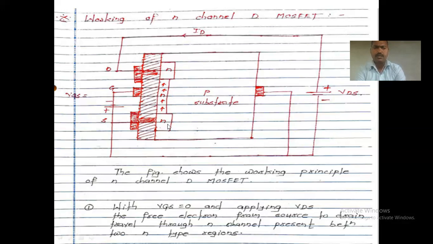That should be the only change with respect to D type MOSFET, but all other things are the same with respect to JFET. There are two types of MOSFET, D MOSFET and enhancement type MOSFET. D MOSFET is the same as a JFET, and enhancement type MOSFET has some differences, as we have seen here.